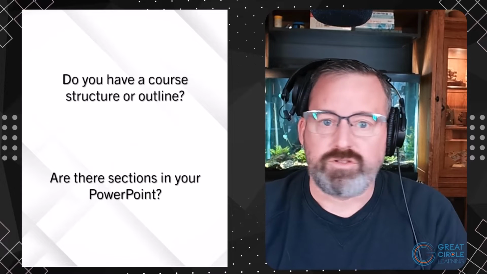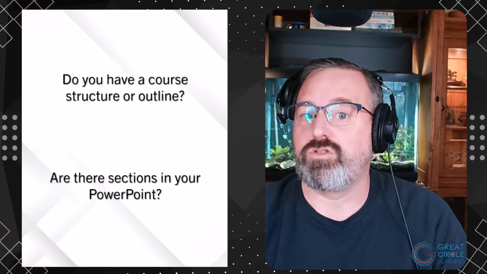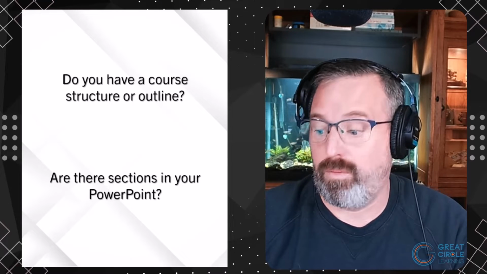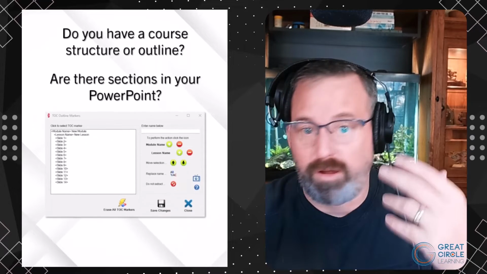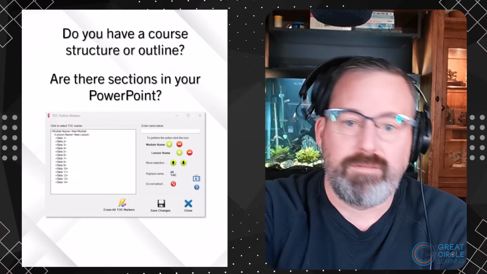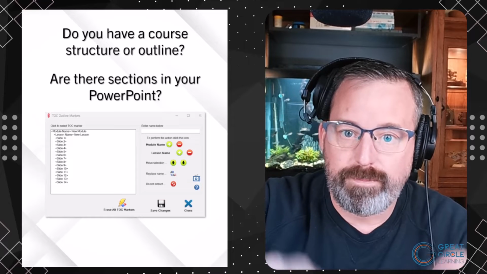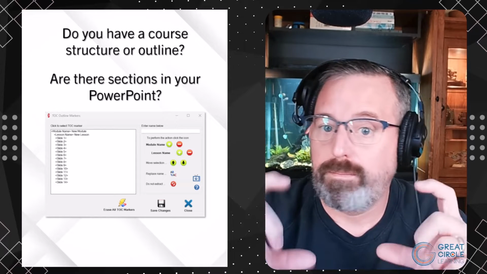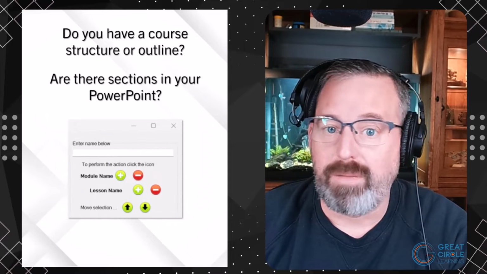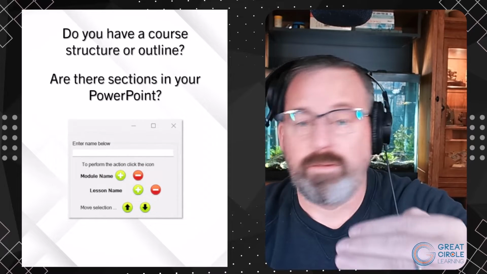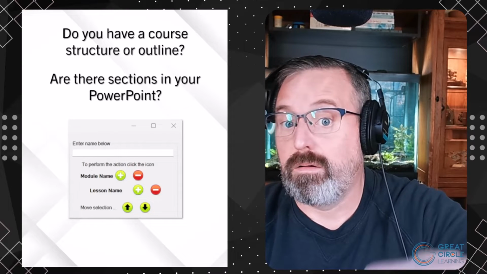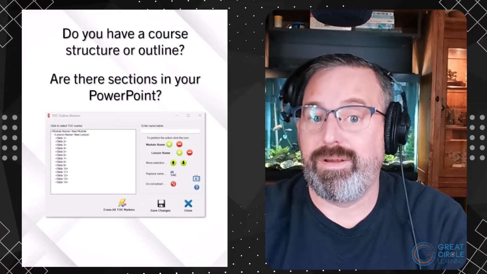A few other questions. Do we have a course outline? Do you have a structure or an outline? Or have you put sections into that PowerPoint? Both of those play a role, again, when we're building out our table of contents. And on the create a TOC outline page, this is where we can come in and put in the course structure, our modules and our lessons, from our PowerPoint deck.